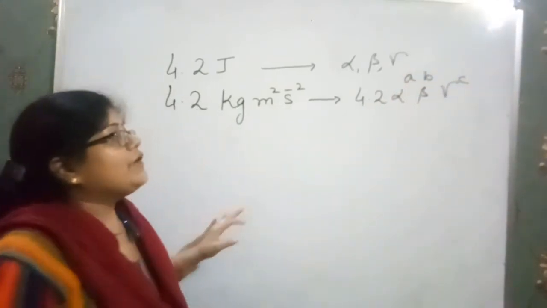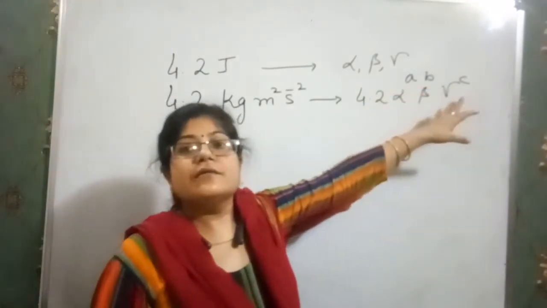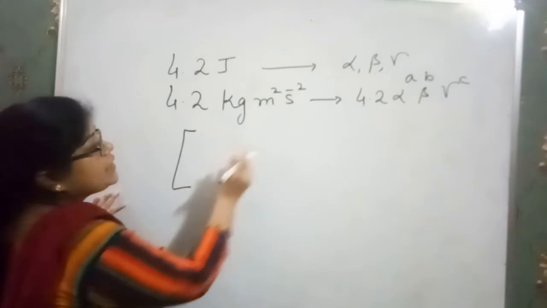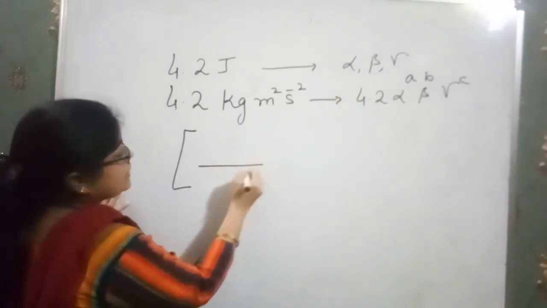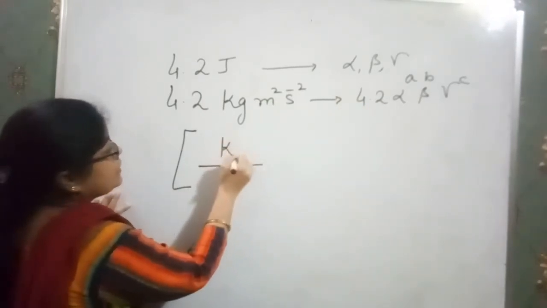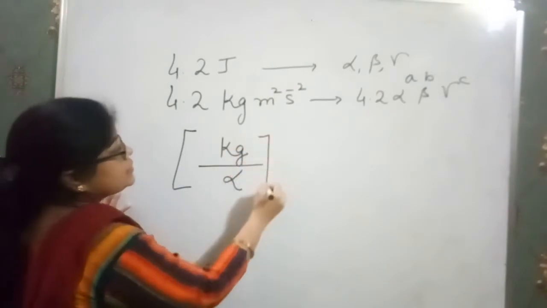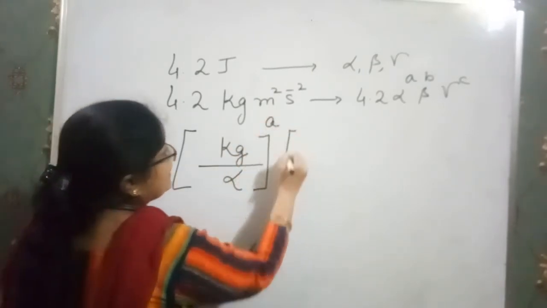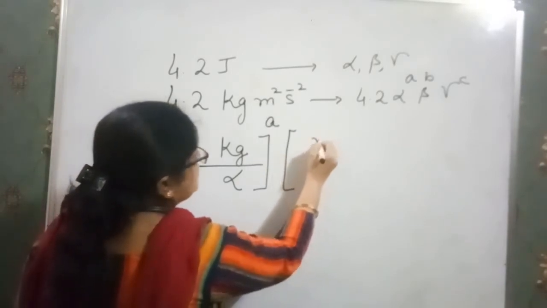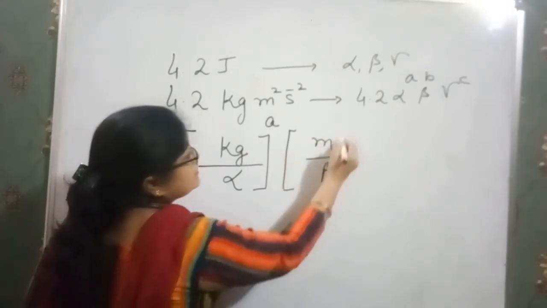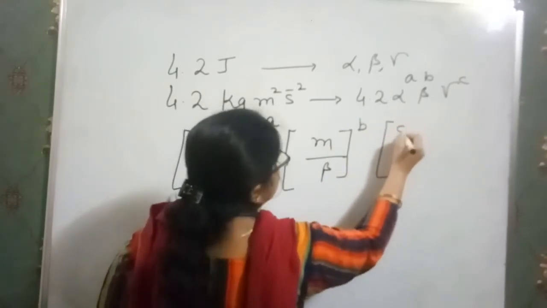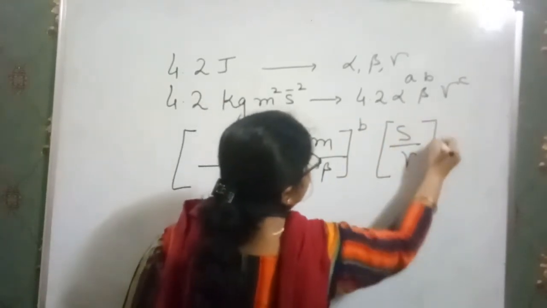And we have to find the powers a, b and c. As I told you earlier, we write the unit which we have to convert into the denominator and the unit which we have in the numerator. So it is alpha to the power a, and here we have meter, beta to the power b, and here we have second, gamma to the power c.